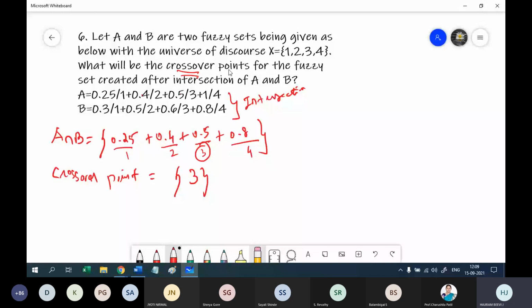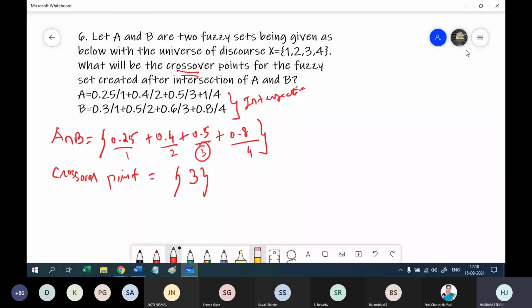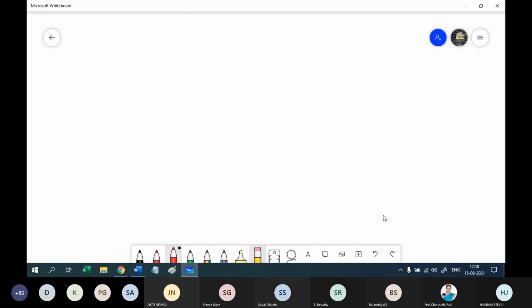So the next one is about the fuzzy distance. Okay, fuzzy distance. So what is the formula for finding the fuzzy distance?